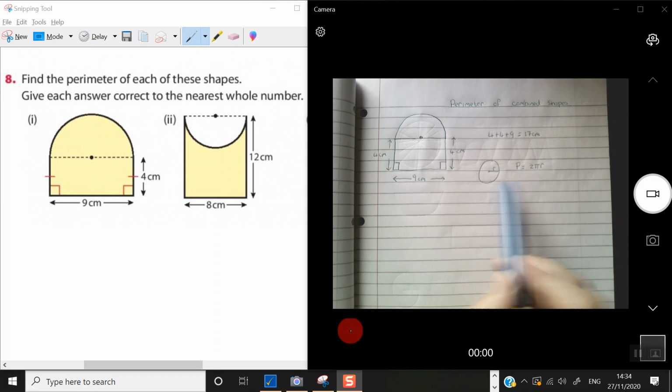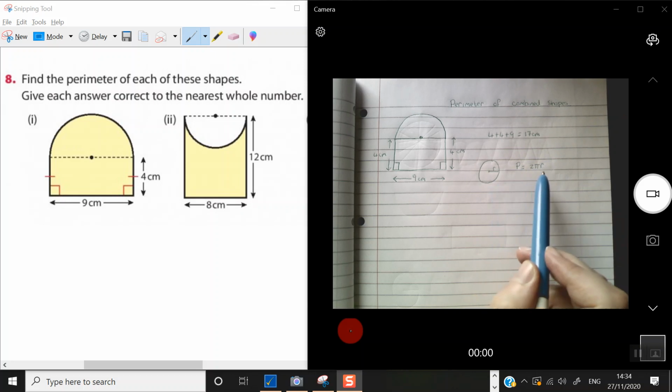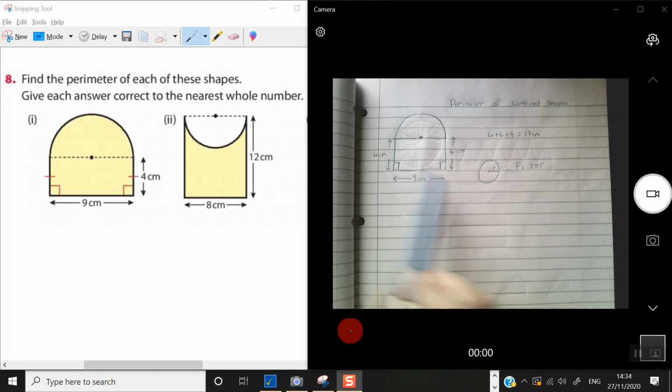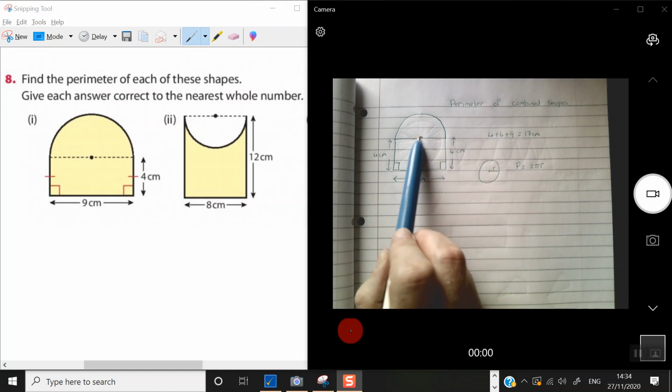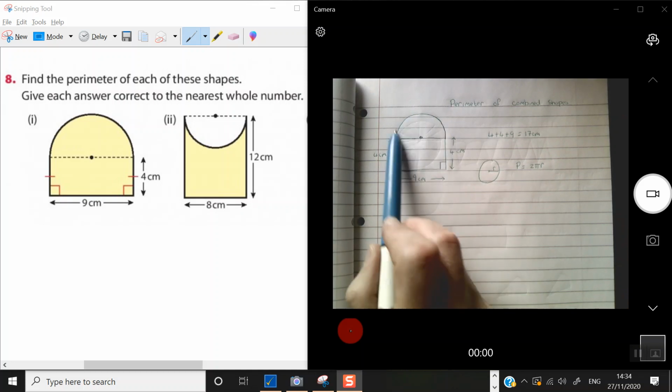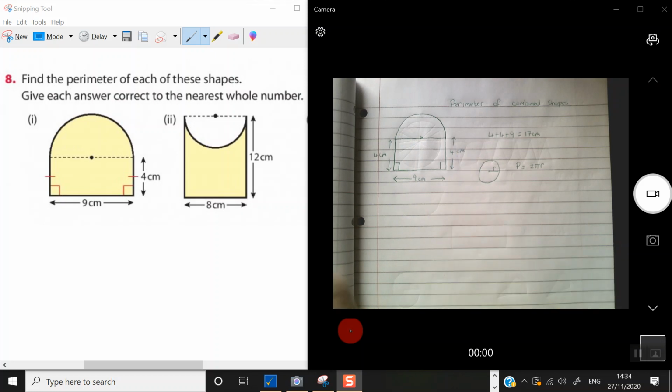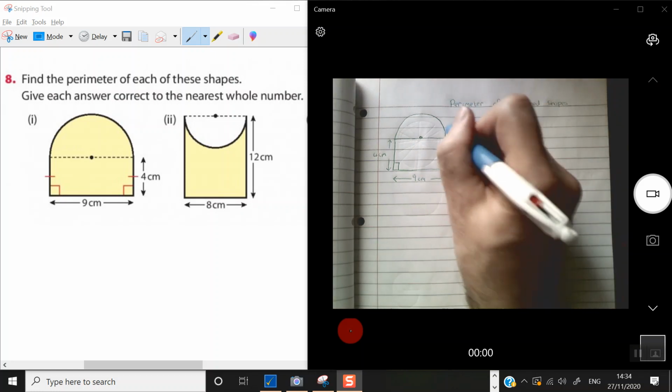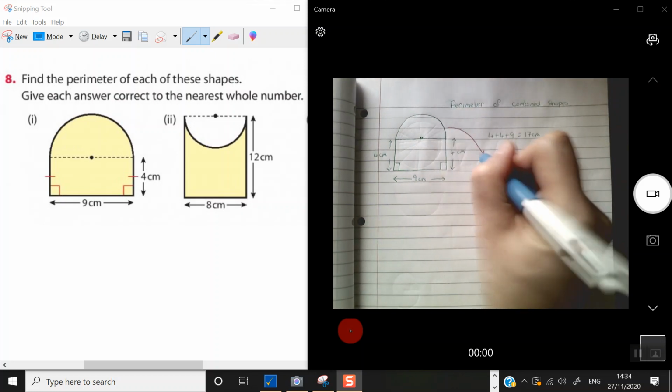So it's equal to 2 multiplied by pi multiplied by the radius. Now imagine we take this half circle out and treat it like it's a whole circle.